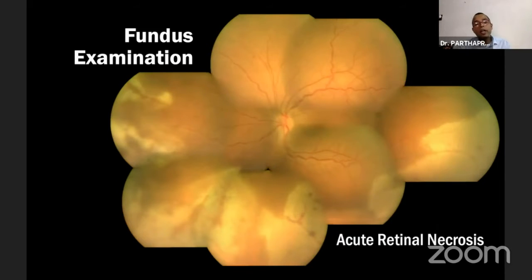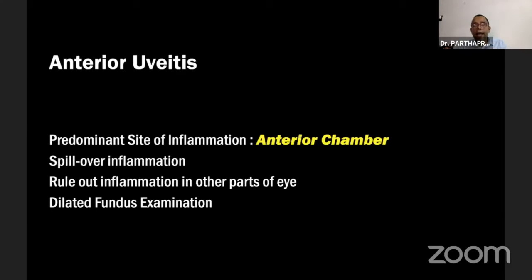So it's very important to dilate each eye and examine the periphery carefully, even if you are dealing with a case of anterior uveitis. Until and unless you examine the periphery, you can't make out that you are dealing with such a dreaded disease.